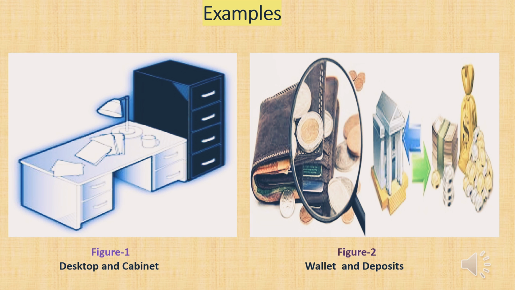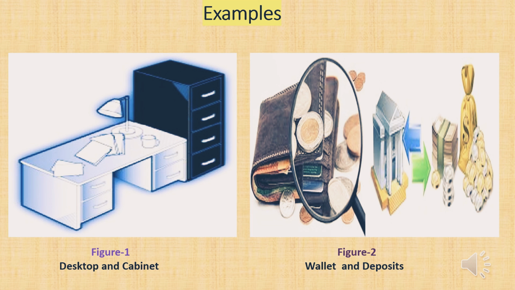Items on the desk are ready for operation but confined to their space, whereas the contents inside the cabinet become operational only when they are taken out of the cabinet and placed on the desk. So here the desk is the example of memory and the cabinet is the example of storage.